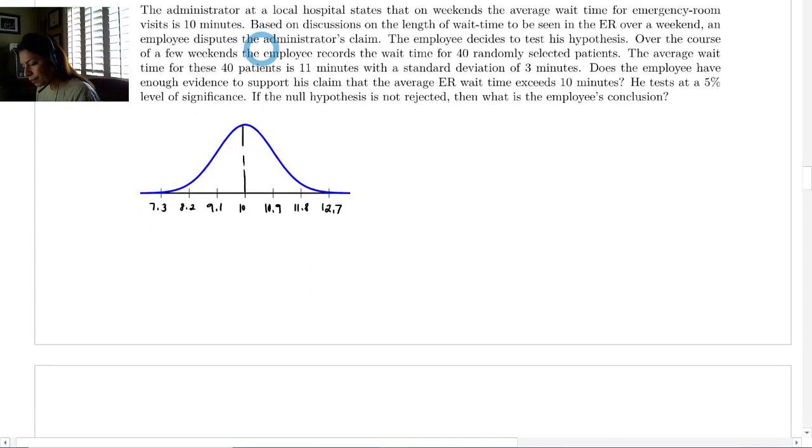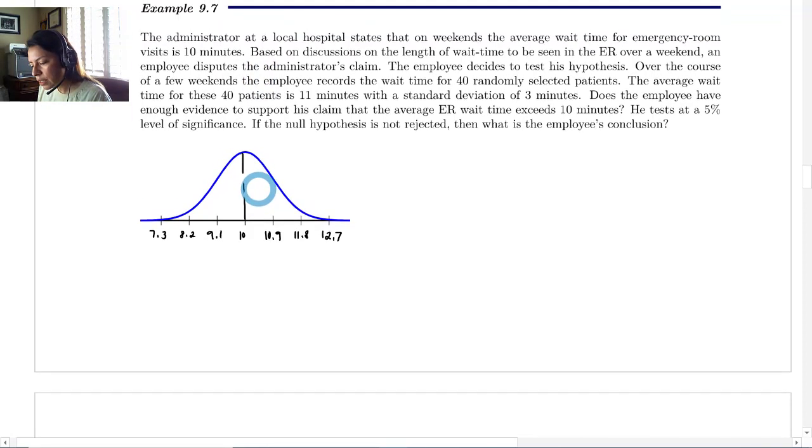Okay. So example 9.7 states that the administrator at a local hospital states that on weekends, the average wait time for emergency room visits is 10 minutes. Based on discussions on the length of wait time to be seen in the ER over the weekend, an employee disputes the administrator's claim. The employee decides to test his hypothesis.